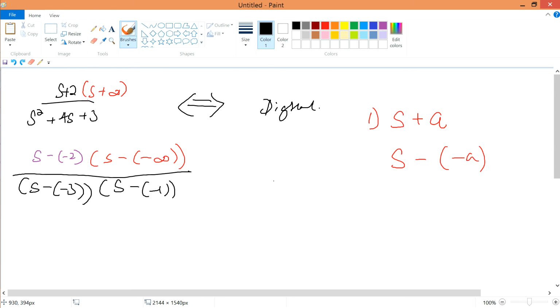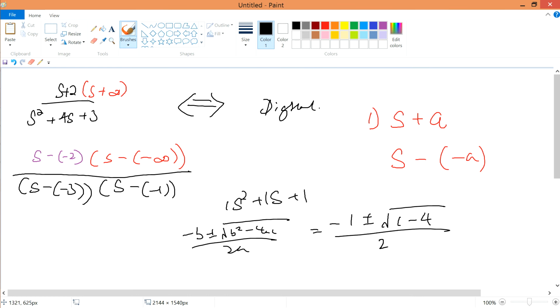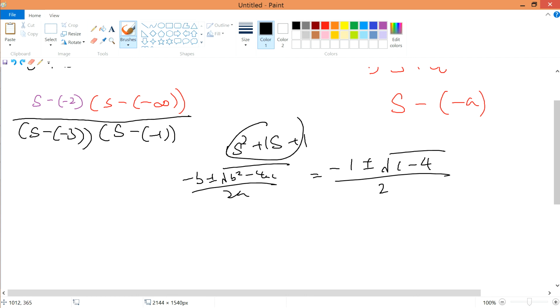Nonetheless, if you have a conjugate pair, for example S squared plus S plus 1, and you want to write it in terms of the minus form, the coefficients are all 1. So I'll rewrite it as minus 1 plus or minus the square root of 1 minus 4, divided by 2. I'm simply trying to find the roots of your S squared plus S plus 1.